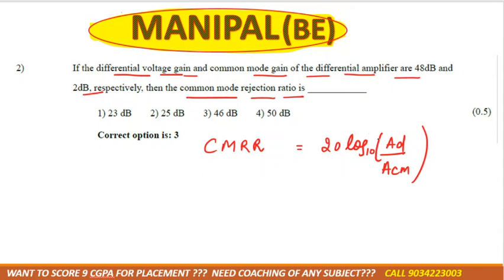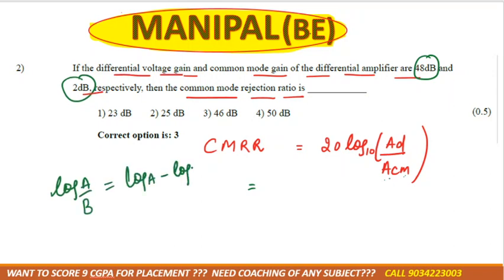AD is the differential gain and ACM is the common mode gain, which they have given as 48 and 2. Remember, log of A by B would be log A minus log B.